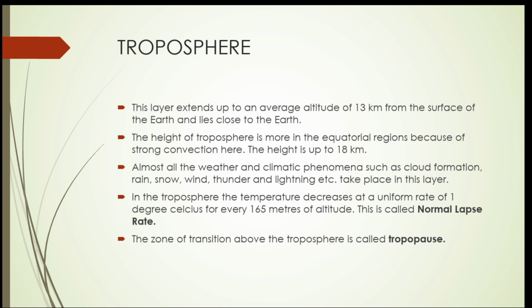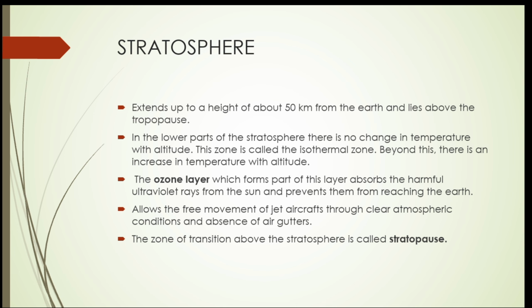This is why as we climb mountains, the temperature decreases and it gets colder. The zone of transition above the troposphere is called tropopause. In other words, tropopause is the boundary between troposphere and the next layer of the atmosphere called stratosphere.